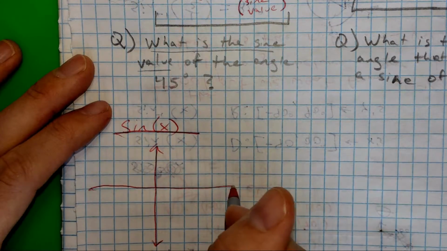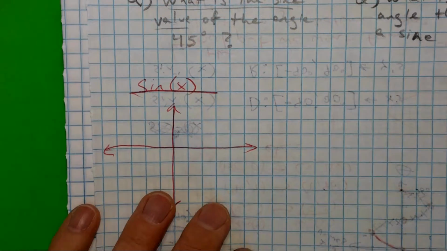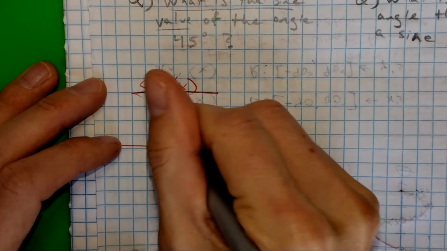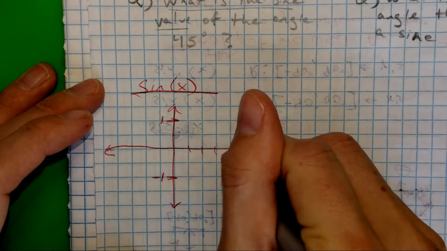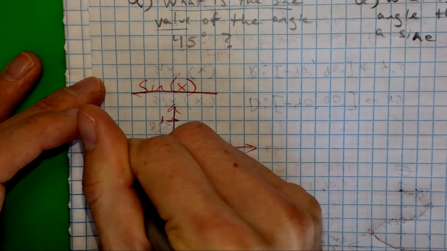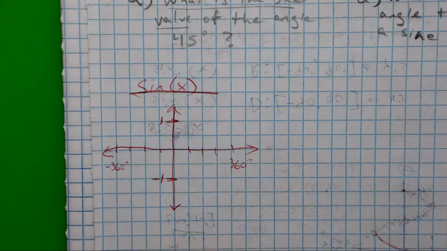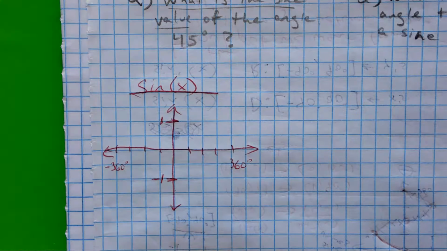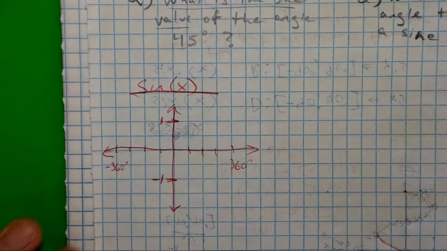We've drawn it every day for the last 2 or 3 weeks. So I want to make sure I label my axes. I'm going to go from 1 to -1. And I'm going to go out to 360 in this direction, out to -360 in this direction. And before I graph this, I'm also going to graph sine inverse. So I'm going to graph sine inverse on the right.